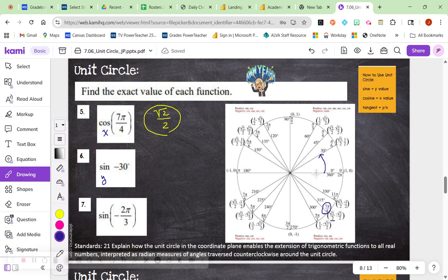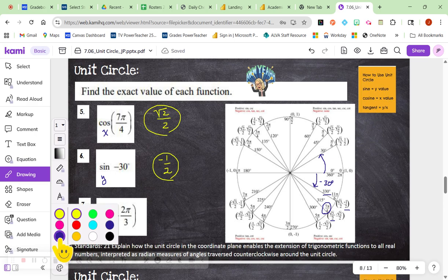And remember, when we rotate clockwise, that is negative movement. So if we rotate 30 degrees in the opposite direction, this would be considered negative 30 degrees. It's the same as positive 330 degrees. We're looking for the y value, so we would only get the y value from the ordered pair, and that would be negative 1/2.